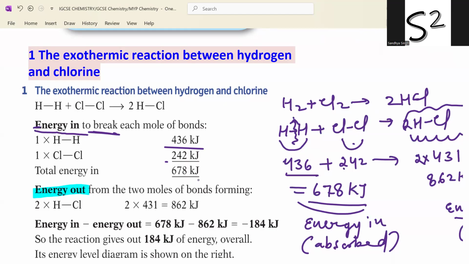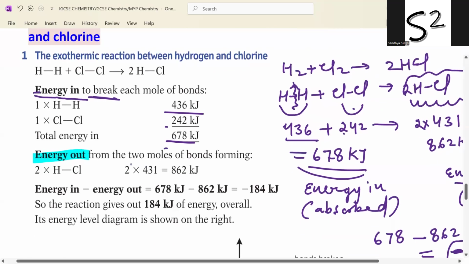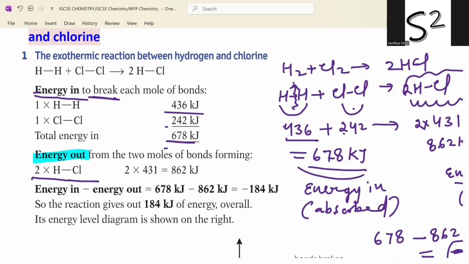The overall energy absorbed is 678 kilojoule. And energy out from the 2 moles of bonds forming, the formation of HCl, would be 2 multiplied by 431. The energy out is 862 kilojoule.